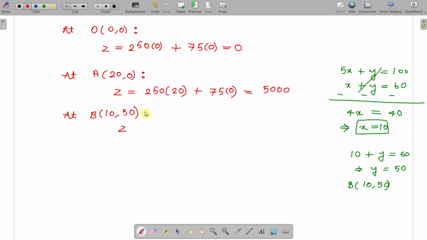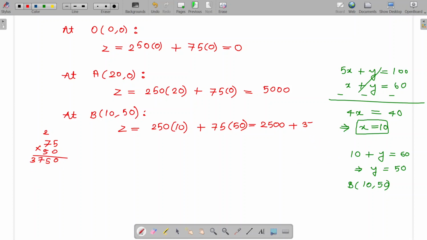So Z will be what? 250 times 10 plus 75 times 50. So that is nothing but 2500 plus, so let us find out 75 times 50. So 0, 5 times 5 is 25, 5 times 7 is 35, 35 plus 2 is 37.